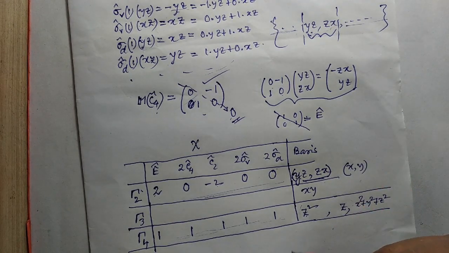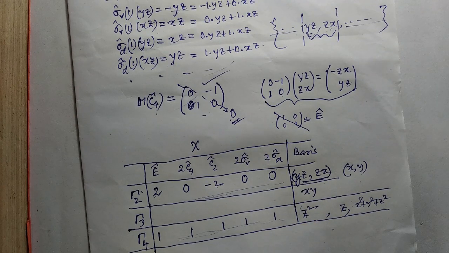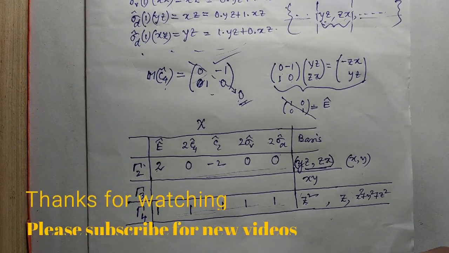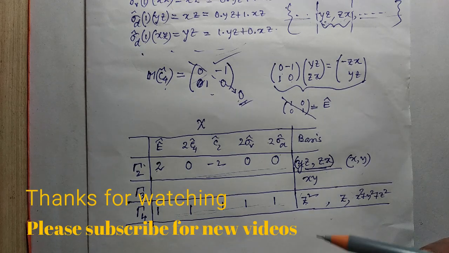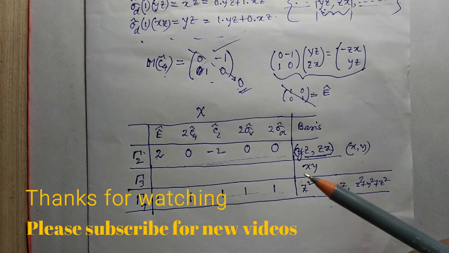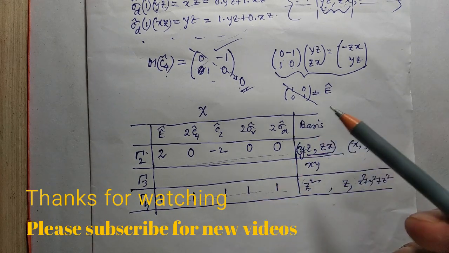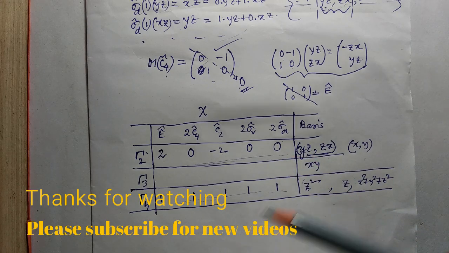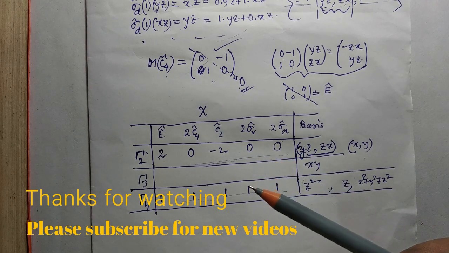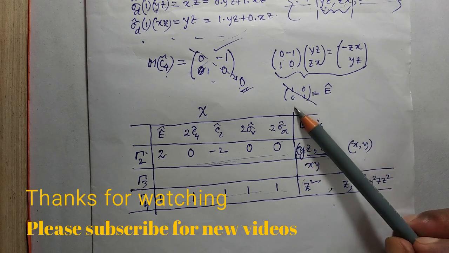So these are 4 possible representations that we have obtained, but this is not an exhaustive list of irreducible representations for C4V. There may be other irreducible representations, and I will try to find out those using other types of functions or vectors involving Cartesian coordinates. That will be dealt with in a next video.